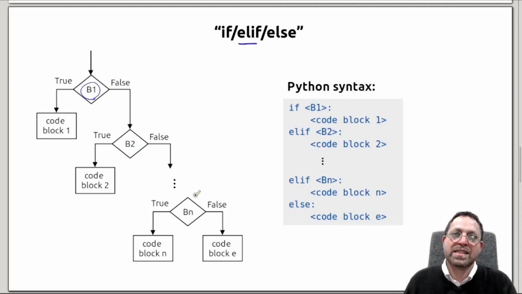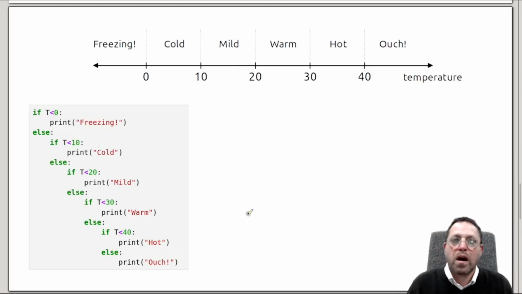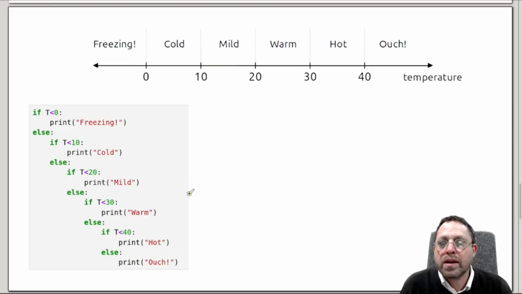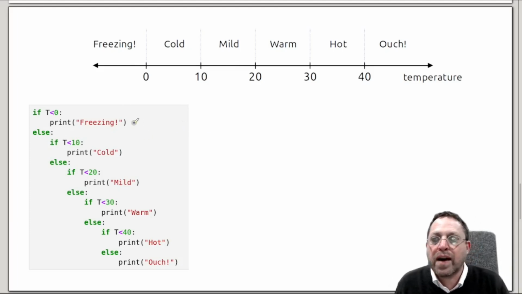Well, let's see an example of why this might be useful. Okay, so here we have the temperature outside measured in degrees centigrade, and we want to print an exclamation about the temperature depending on its value.